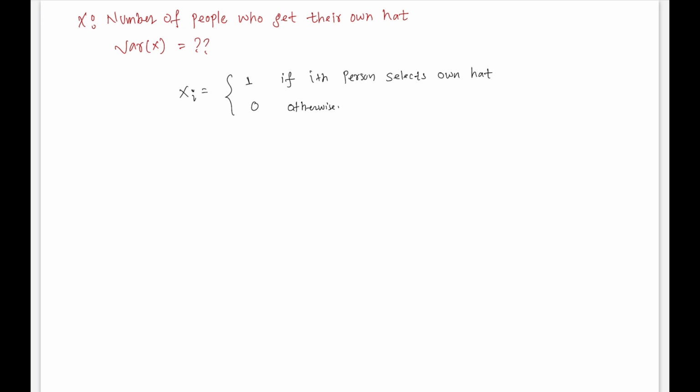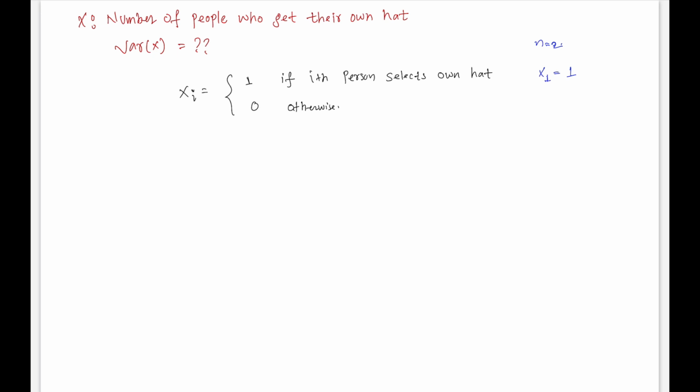Let's take an example of 2. So let's say we have 2 persons, right? And they have thrown their hats into a box. Now let's say you have this info that person 1 has got his own hat back.